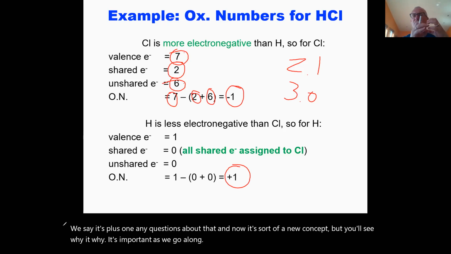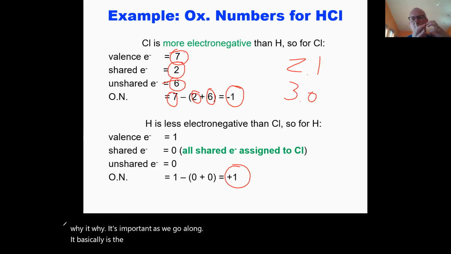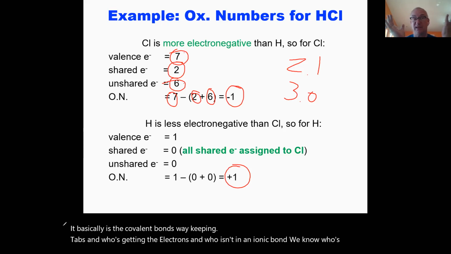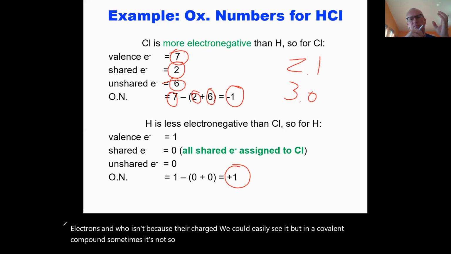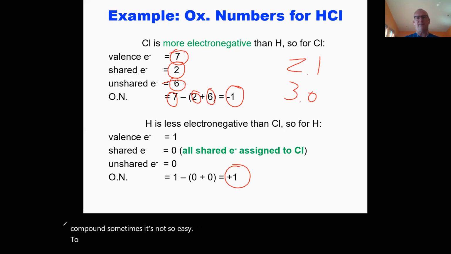It basically is the covalent bonds' way of keeping tabs on who's getting the electrons and who isn't. In an ionic bond, we know who's keeping the electrons and who isn't because they're charged. We can easily see it. But in a covalent compound, sometimes it's not so easy to see where exactly the electrons are going.